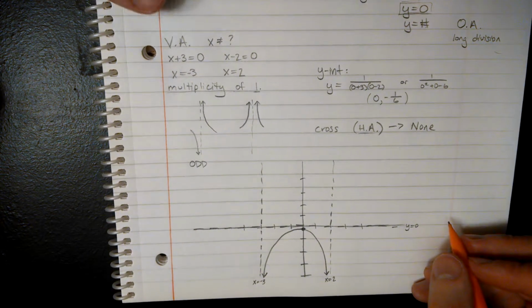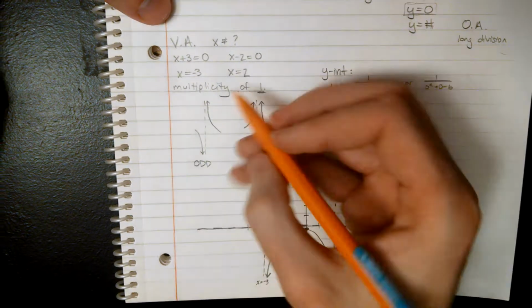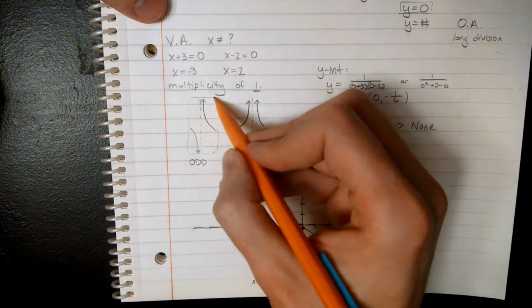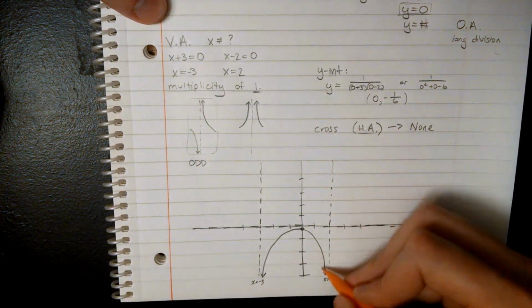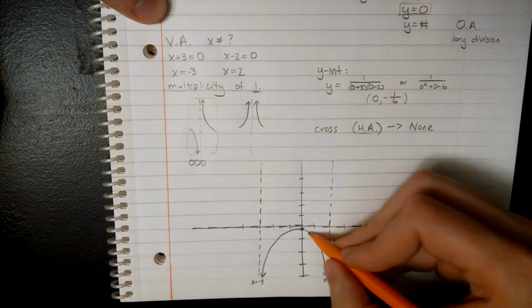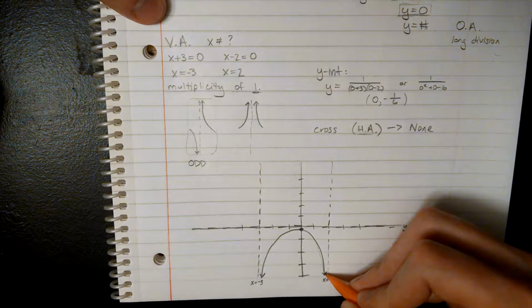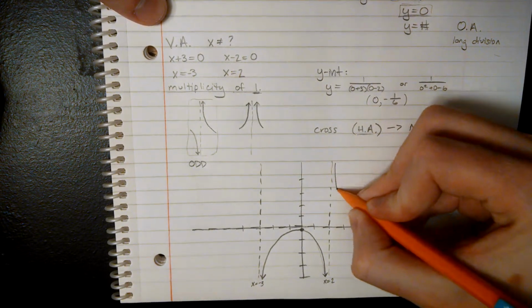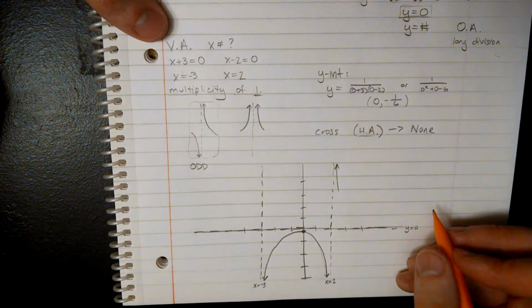Now I also know something about the asymptotes. I know that they both had a multiplicity that was odd. So the graph is going to want to tend towards opposite infinities. For example, looking at this asymptote here, I see the graph going down towards negative infinity on the left side. So the graph is going to want to go up towards positive infinity on the right side.